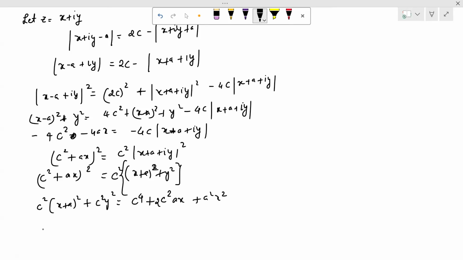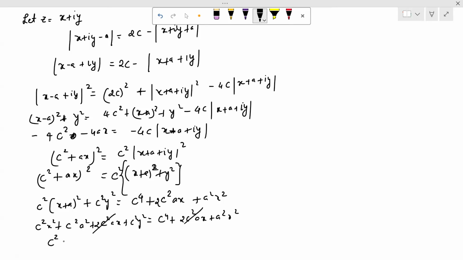Okay. And if you open this also, you will get C square X square plus C square A square plus C square 2AX and then plus C square Y square is equal to C raised to power 4 plus 2C square AX plus A square X square. So what you are getting, 2C square AX gets cancelled.